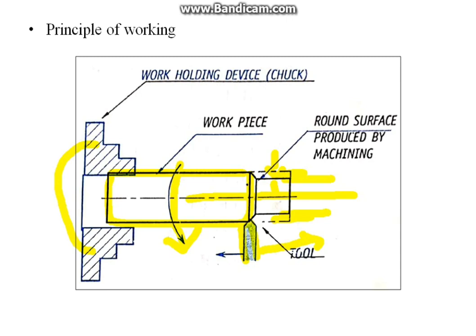A V-shaped cutting tool or a single point cutting tool is held in the tool post. The workpiece is rotated in the opposite direction to the cutting tool. The tool is fed in the longitudinal direction. Longitudinal direction means parallel to the lathe axis.